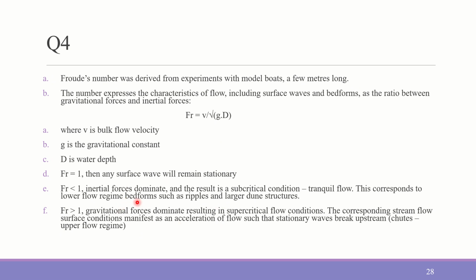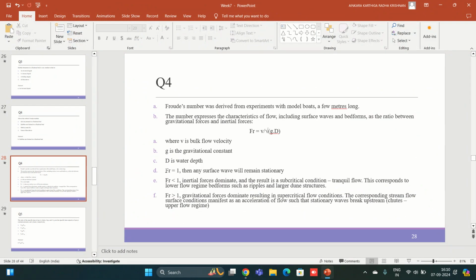I'm not sure about the force domination alone, but in supercritical flow conditions the corresponding stream flow surface conditions manifest as an acceleration of flow, such that stationary waves break upstream, in the upper flow regimes. So the moral is that we can actually remove all these things.